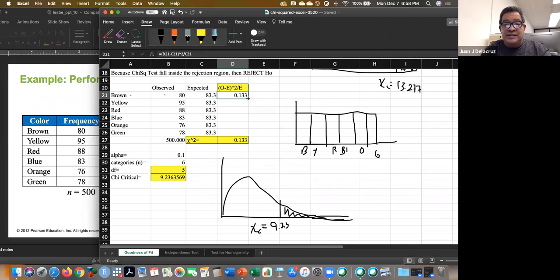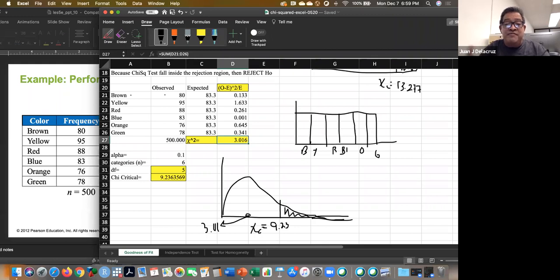I'm gonna drag this down, and my chi-square test statistic is gonna be 3.16. So here I have a number that my chi-square is 3.01, right? So that means that this is outside of my rejection region.